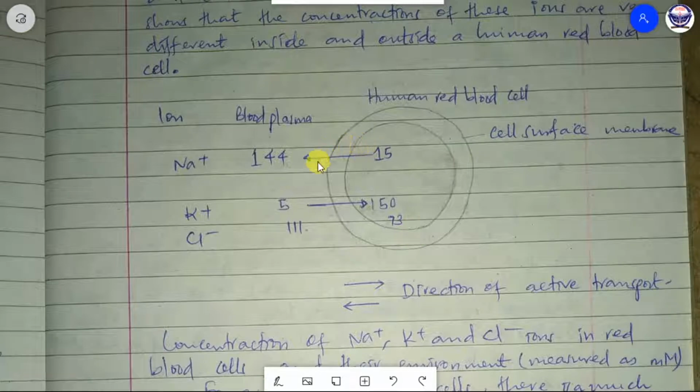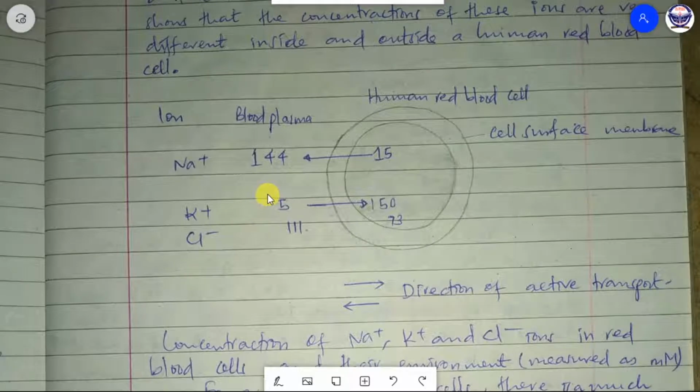Now, how is the concentration of these ions maintained? If we want to perform the active transport of sodium ions, it will be from outside to the inside, because inside has a lower concentration compared to the outside.